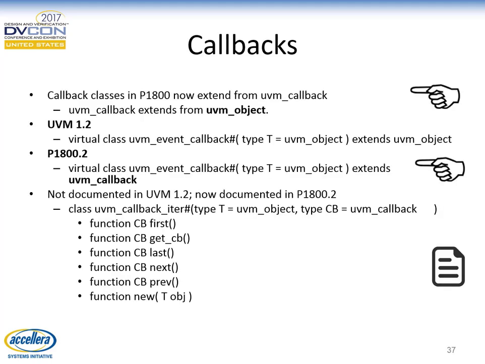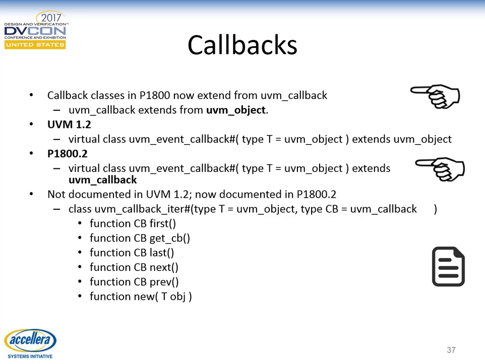So here's the fun part. You remember there are various places where we had callbacks in 1.2, okay? Each of them was their own standalone class. One thing we did is we went and created uniformity out of everything. And so UVM callback now extends from UVM object. And if you guys were paying attention to me in the beginning, UVM object is factory extensible, which basically makes this guy also have the same thing. Okay. These are parameterized, so there'll be different types.